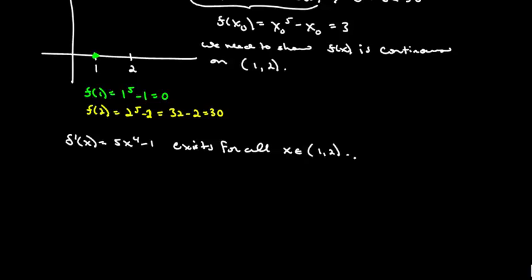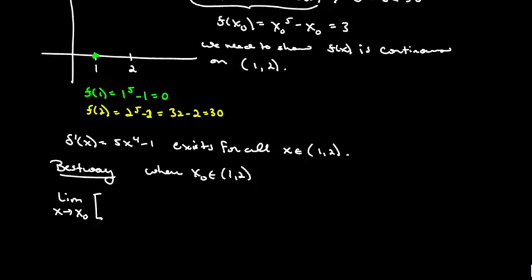The other way that we could look at it, the final way, is with the actual limit definition. This is the best way. If you're going to be a math major or something like that, this is what you should be doing. The limit as x approaches x0, where x0 is inside the interval, of f of x.